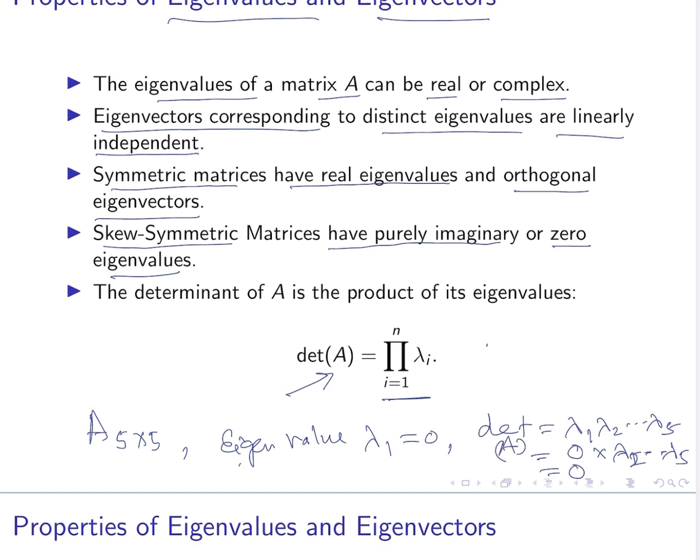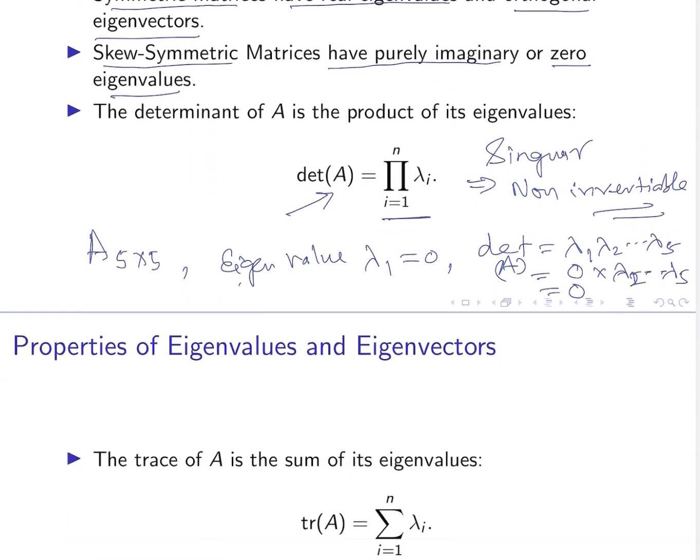This matrix is singular, or in other words, this matrix has no inverse, or is non-invertible. You got my point or not? So much information you can infer with the help of eigenvalues for the given matrix, because the determinant is the product of the eigenvalues.